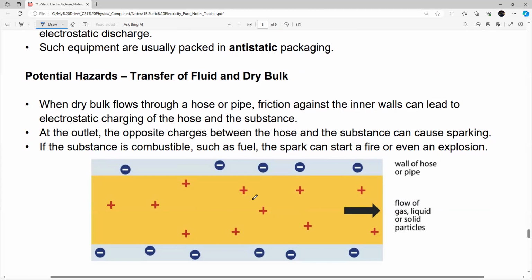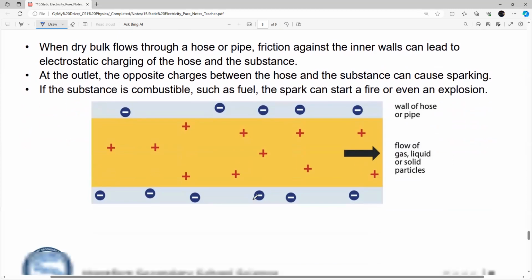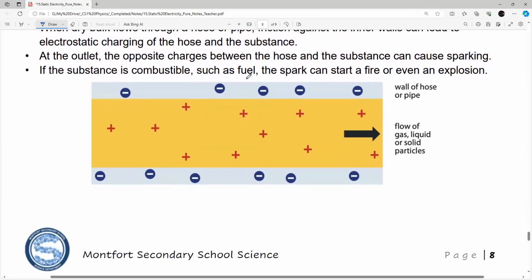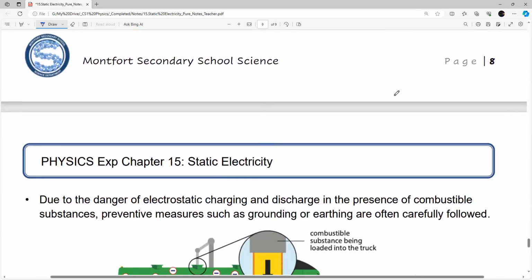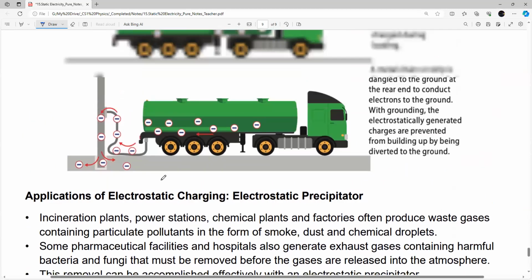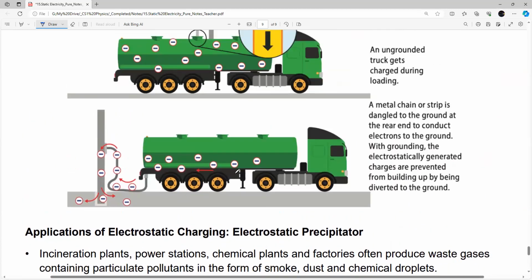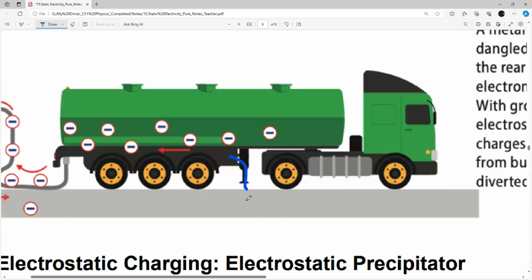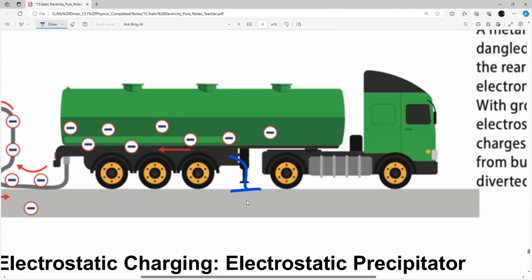This is dangerous if you have an oil tanker. If you have fuel and it's combustible, it may catch fire or cause an explosion. So what do oil tankers do? They usually discharge by having a metal chain at the bottom.